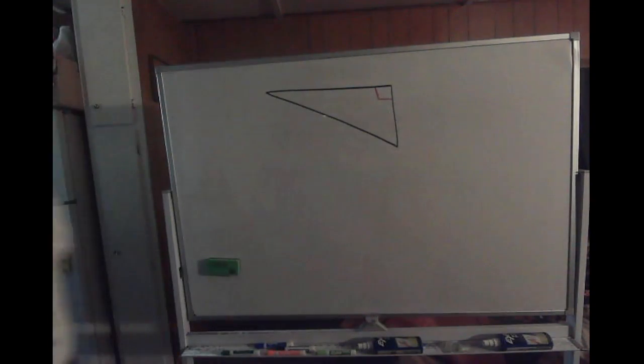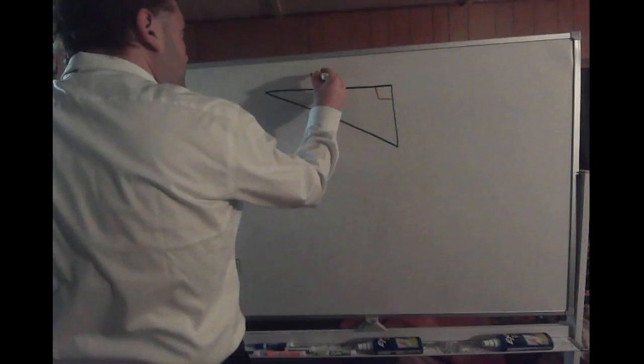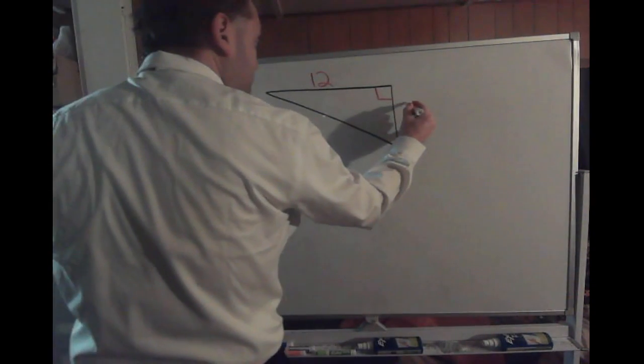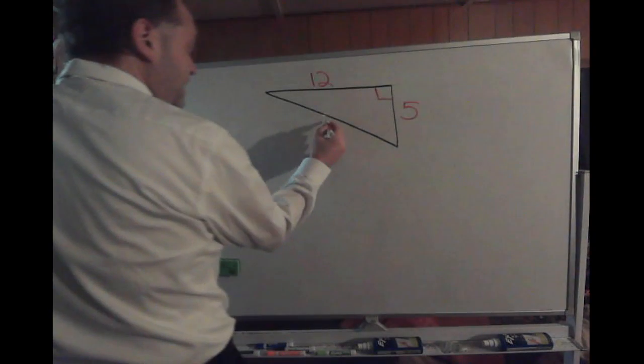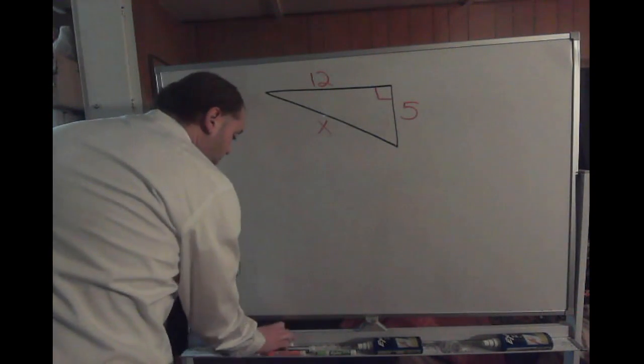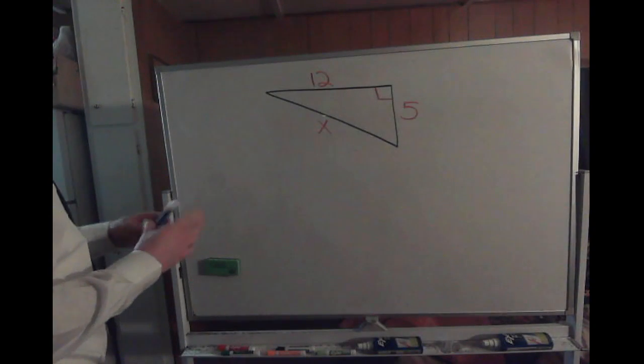We'll have this one here, of course. This leg will have length 12. This leg has length 5. And then the hypotenuse has length x. So again, we're going to solve for x.